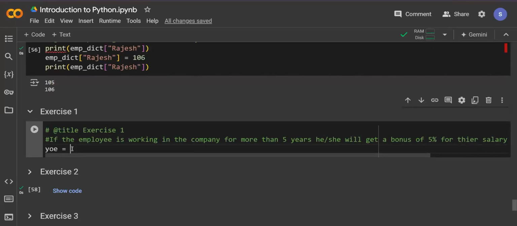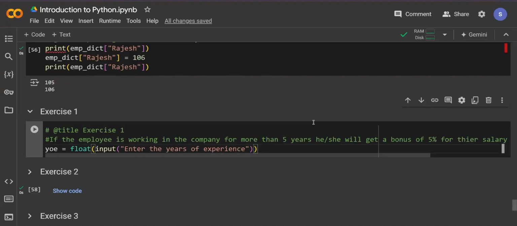So I'll be writing 3.2, right? This is how I can write. So based on this, I can choose float as my input value. So I'll be writing float. Now let us write the input and let us write enter the years of experience.